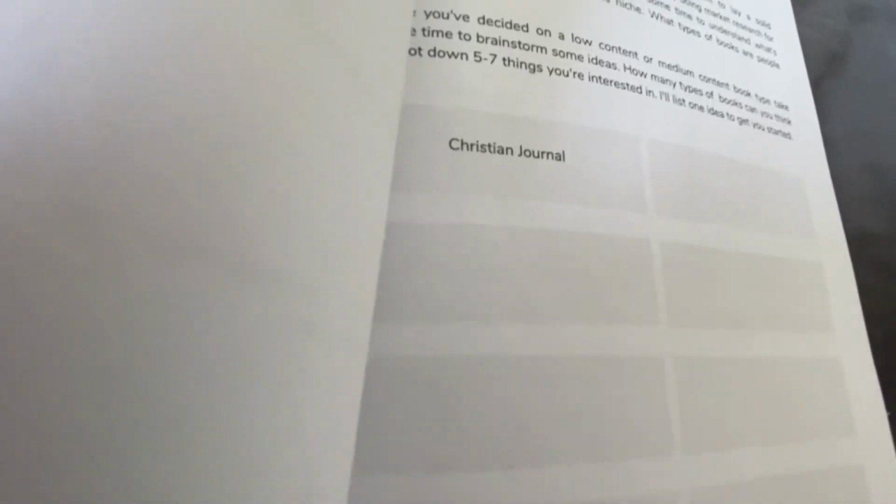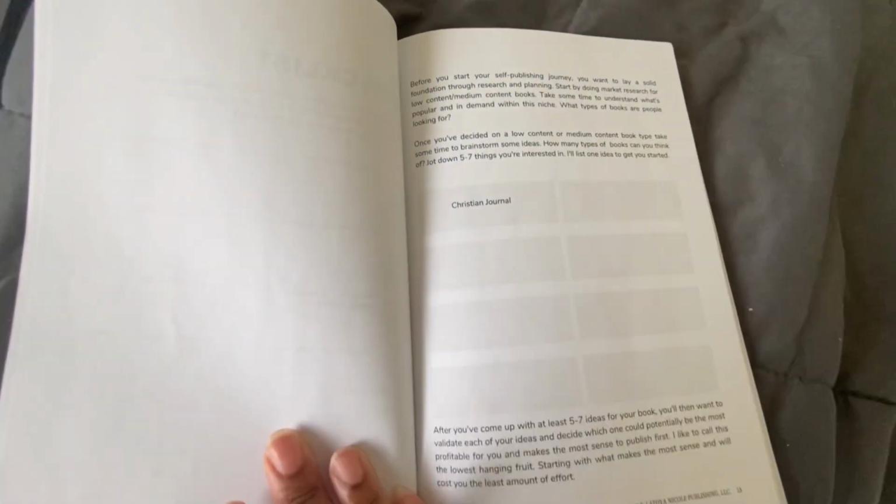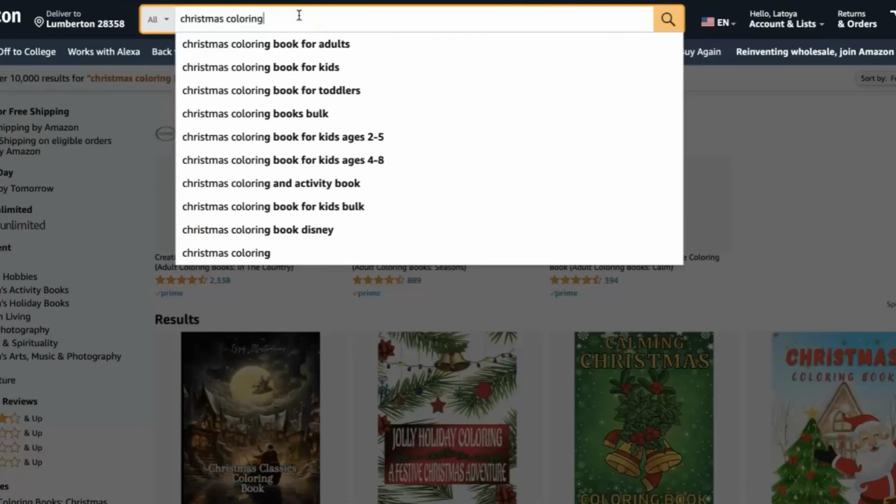Okay, so now I'm just going to start off on page 13 by jotting down the idea that I'm going to be using. Then once I have my idea, what I'll do is go to Amazon.com and I'll use the browse menu to start searching to see if anyone else has been looking for this particular kind of book. All right, so I'm doing my search for Christmas coloring book.